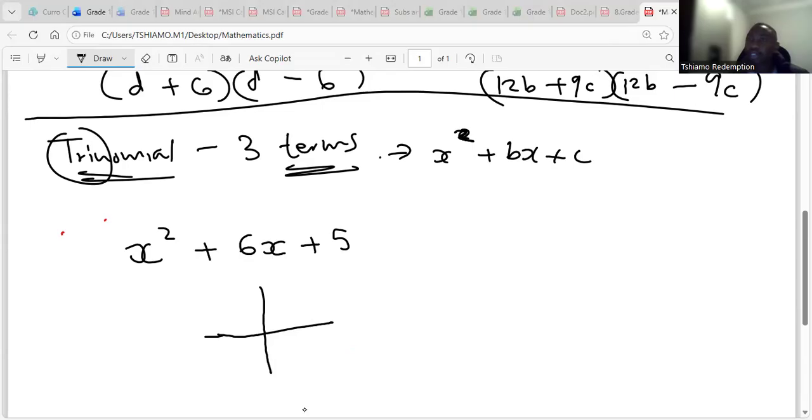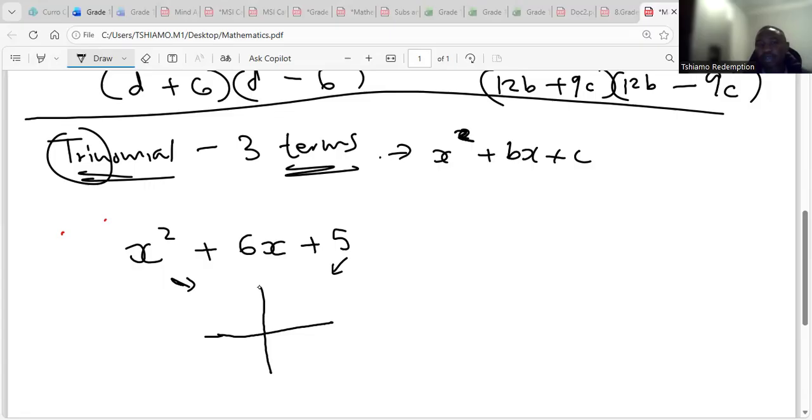I'm going to write across. You write across, and then on this side, you're going to list the factors of the first term. And there you're going to list the factors of the third term. And then when you cross multiply them, you should be able to get the middle term. Then your factors will be correct.